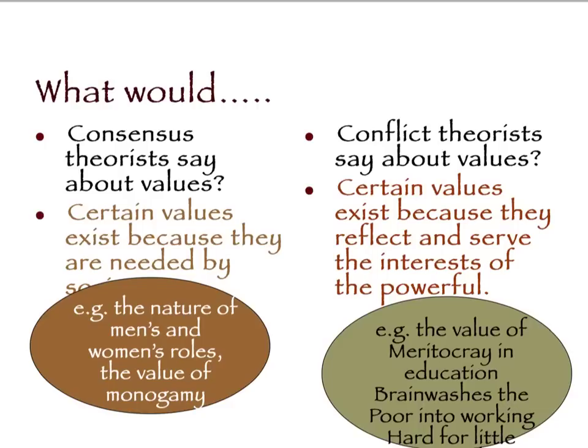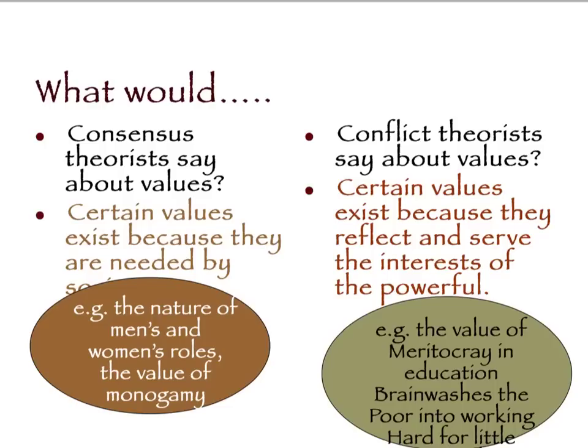So, the nature of men and women's roles within the family, okay, with men being the breadwinner and the women providing the emotional support, because we share that value, it means that the family unit operates in an effective way that's needed by society. Also, the value of monogamy keeps the family unit stable.